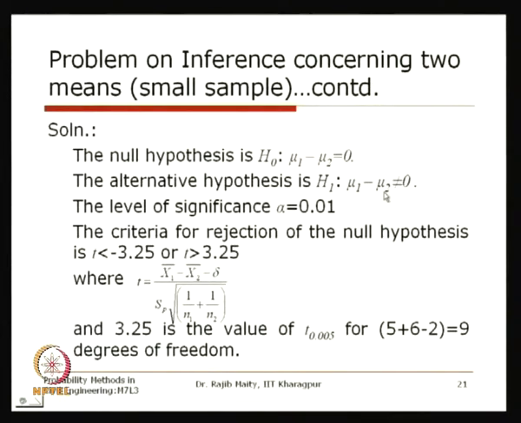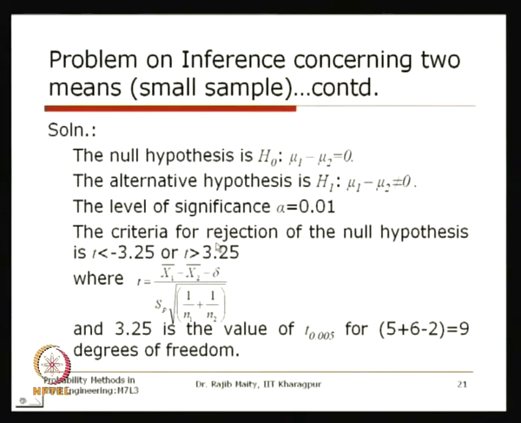The alternative hypothesis is mu1 minus mu2 not equal to 0, which is our test goal. The level of significance alpha is 0.01.